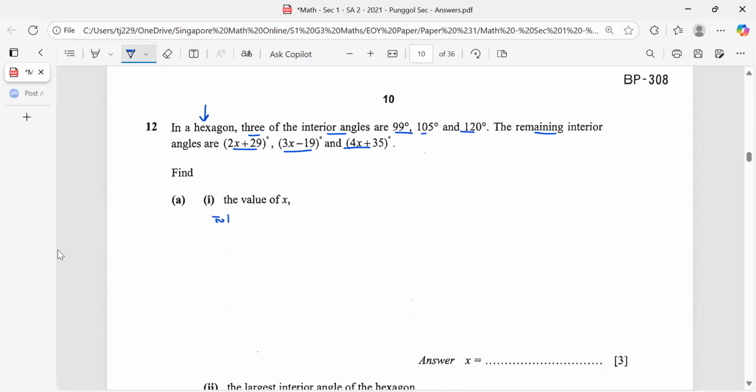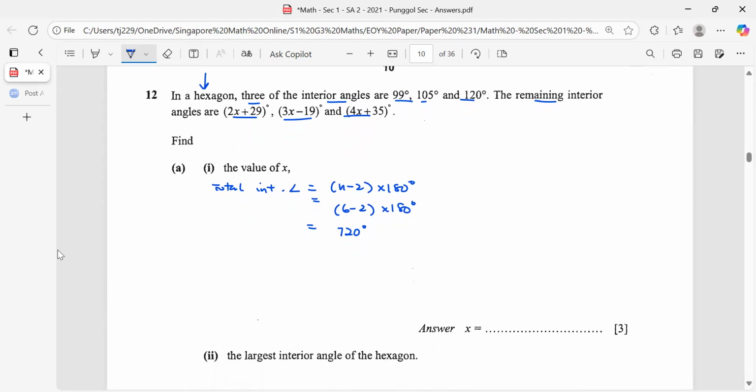So let's start off by finding the total interior angles of a hexagon. So we will use the formula n minus 2 times 180 degrees. In this case, n is the number of sides of the polygon, which is 6. Now, we are given all angles, just that some have exact values and some are in terms of x. I'm going to put them all together, find its sum, and equate them to 720.